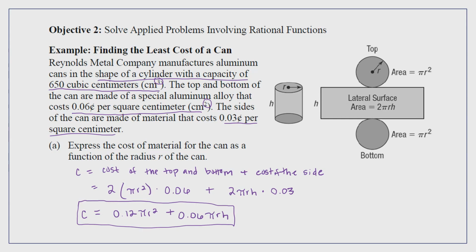So let's find out how to do that. Let me rewrite our cost here: it's 0.12 pi r squared plus 0.06 pi r h. Volume is equal to pi r squared h.